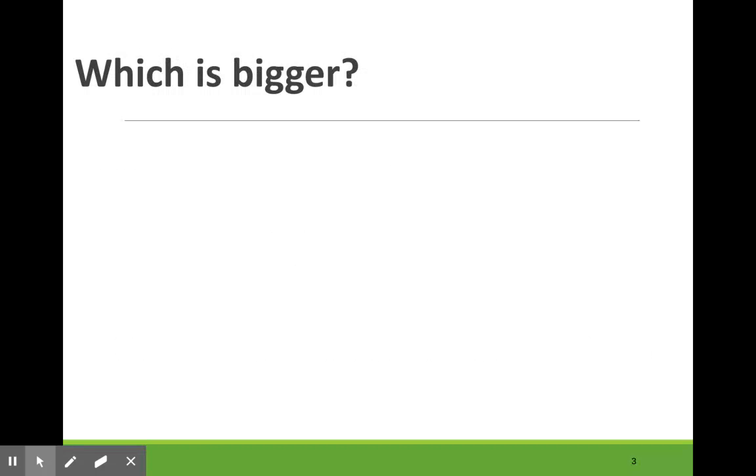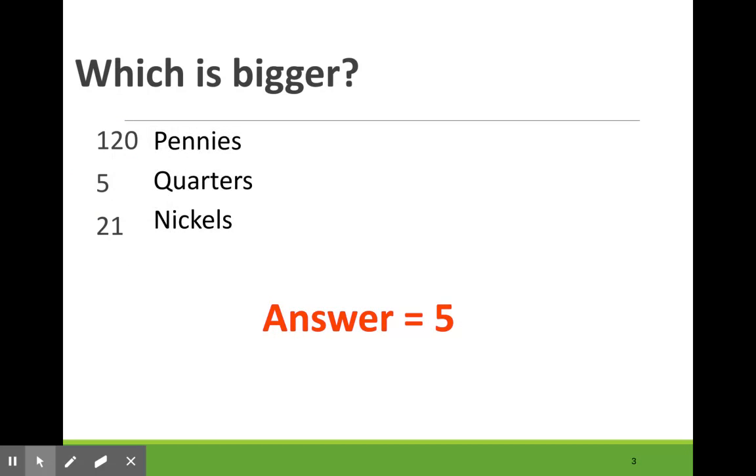All right. So we look at three different numbers. Right now, if you were to look at this, which number is bigger? Well, technically, yeah, 120 is larger than 5 and 21, right? But if we add units, we have 120 pennies, that's worth $1.20. 5 quarters would be $1.25, and then 21 nickels, that would be $1.05.